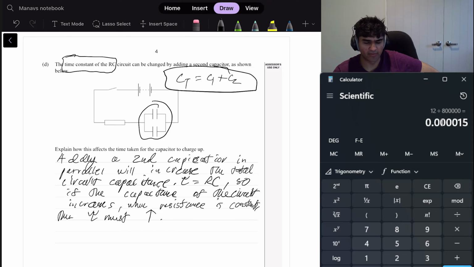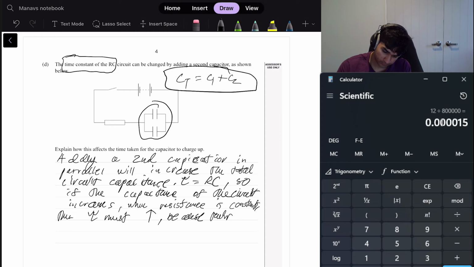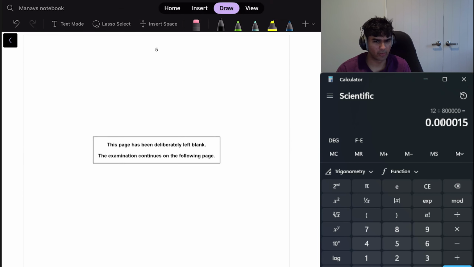I feel like that's not enough. I think I might have missed something. Because there's a larger total capacitance, so it will take longer. Okay, I'm hoping I got that one right.